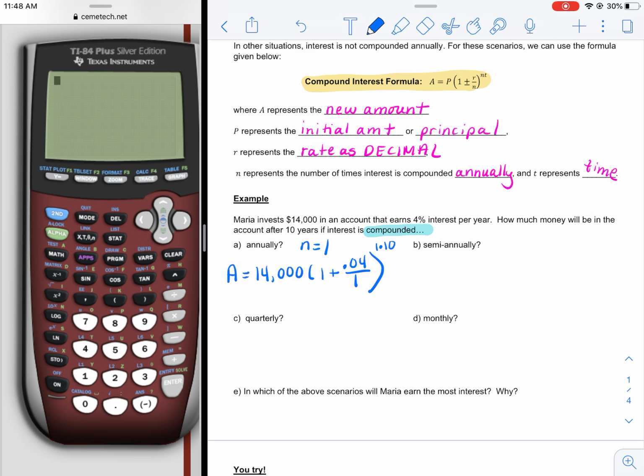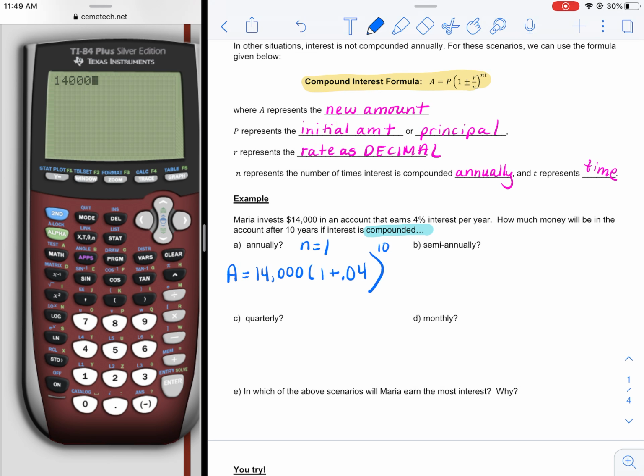Notice that when you divide by 1 and you multiply by 1, the 1 just goes away, so this just becomes 0.04, and this just becomes 10. So when interest is compounded annually, you just really end up using the exponential growth model.